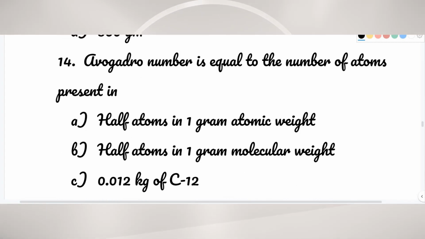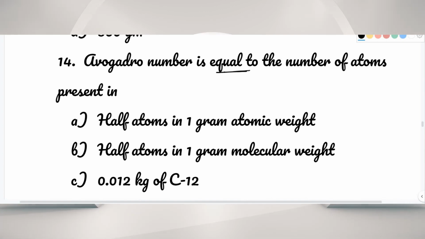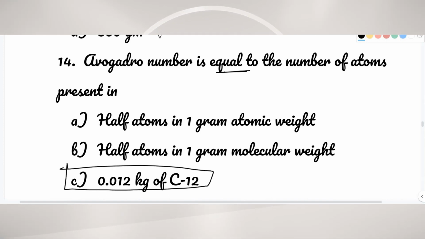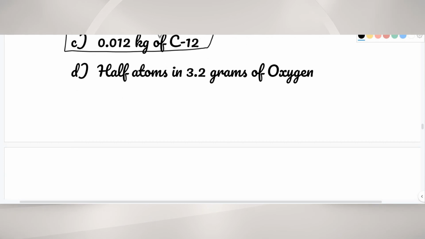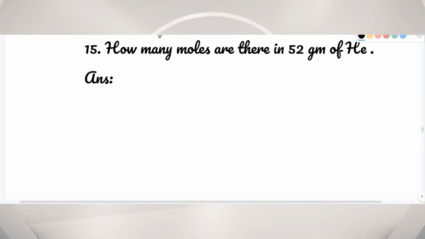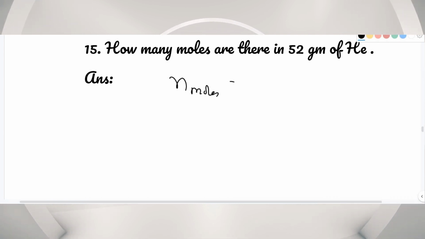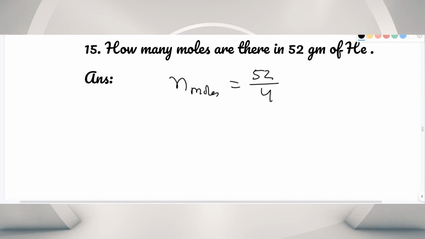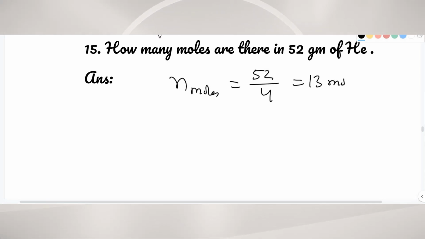Avogadro number is equal to the number of atoms present in 0.012 kilogram of carbon-12. How many moles are there in 52 grams? Very simple. Number of moles is given mass by molar mass. Helium's molar mass is 4, so it is 13 moles.